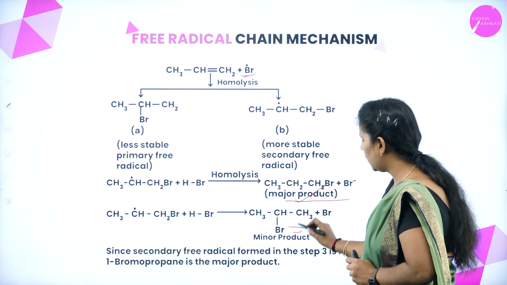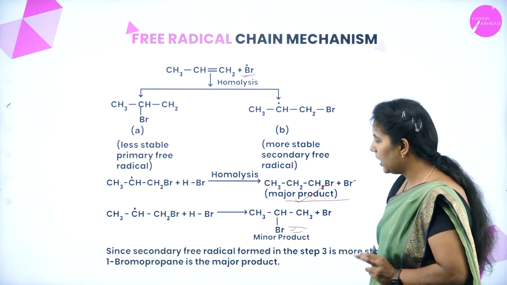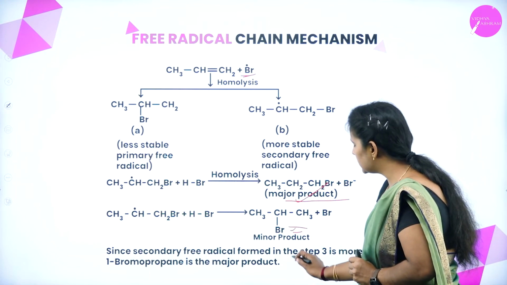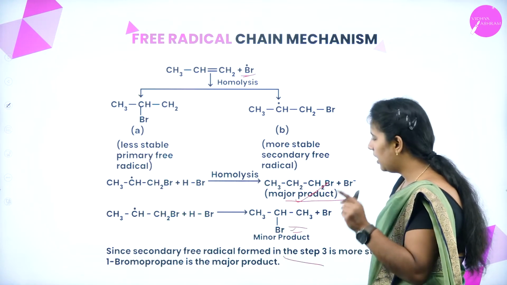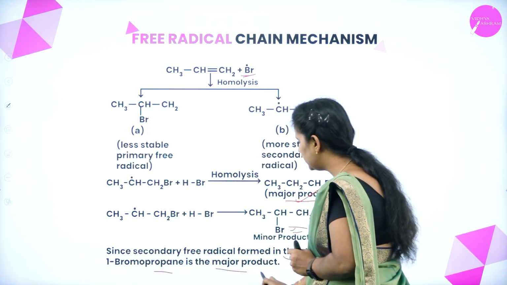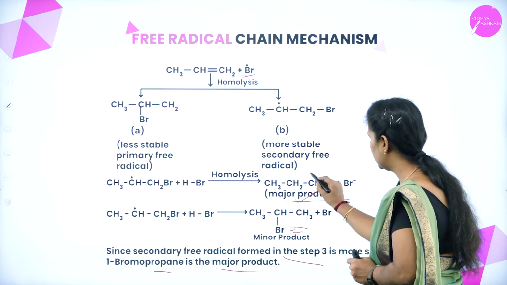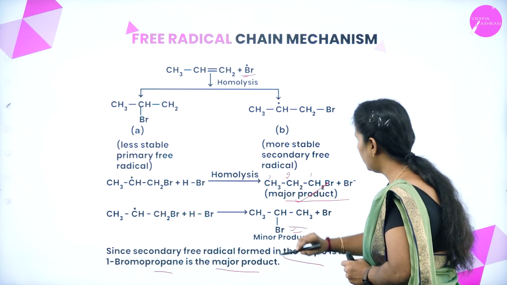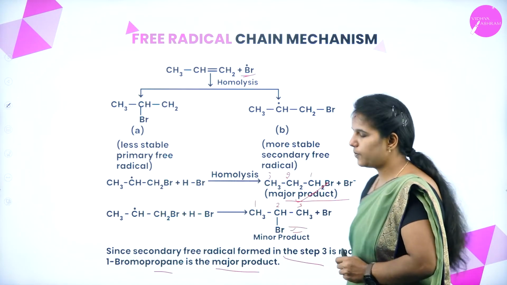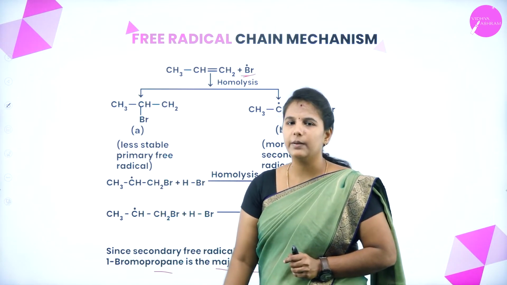This is the major product and this is the minor product. And remember, since the secondary free radicals formed in step 3 are more stable, they give us 1-bromopropane, which is the major product. This is 1-bromopropane and this is 2-bromopropane, which is the minor product.